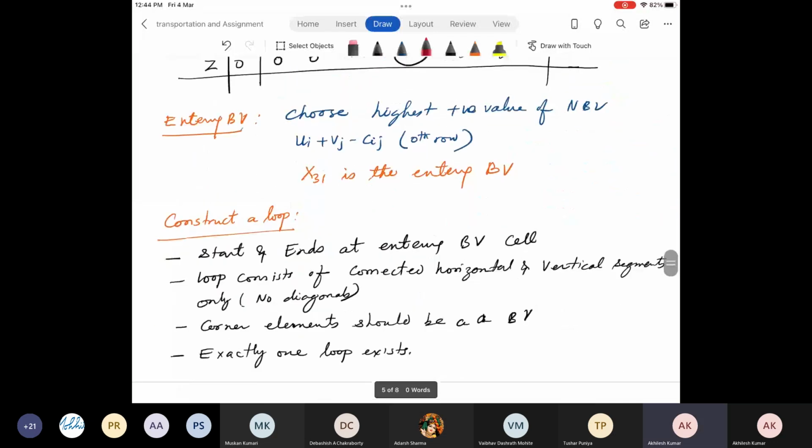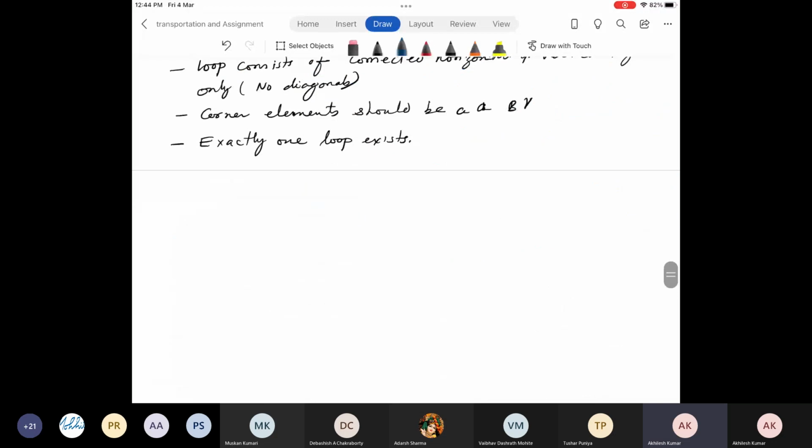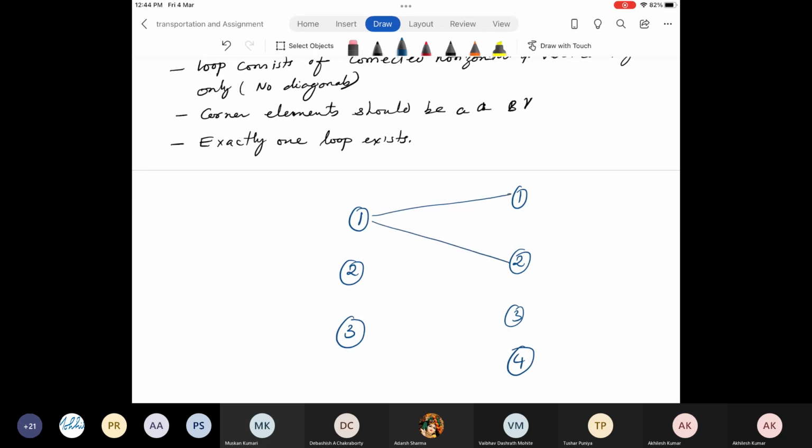Okay, I will try to explain it with the graph. Suppose 1, 2, 3 and 1, 2, 3, 4. I'm only putting the basic variables' values, nothing else.